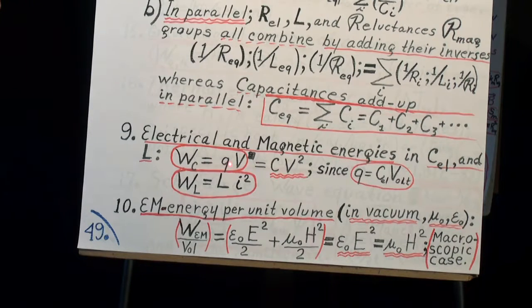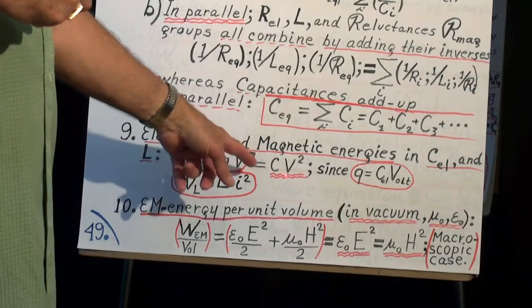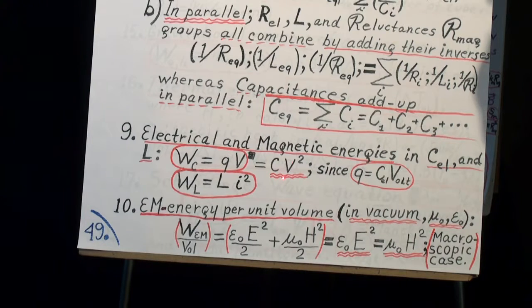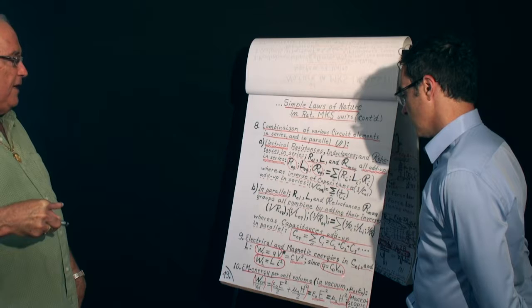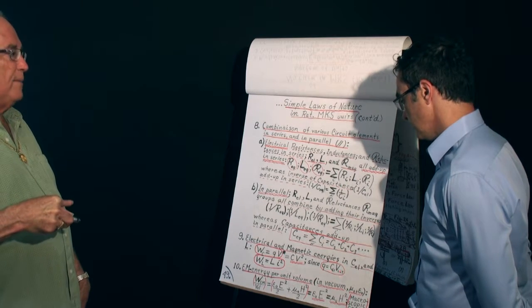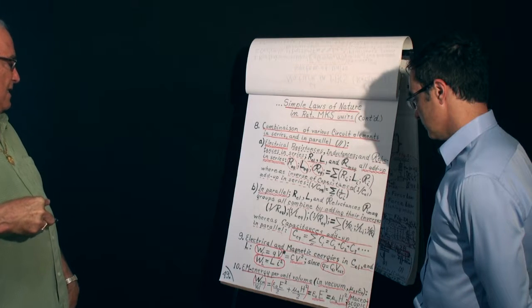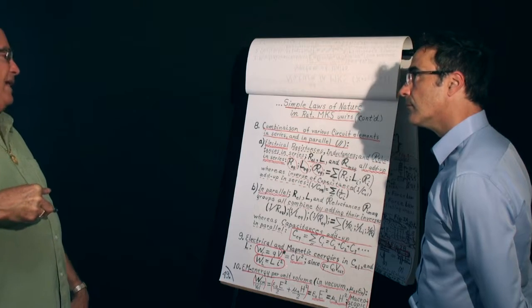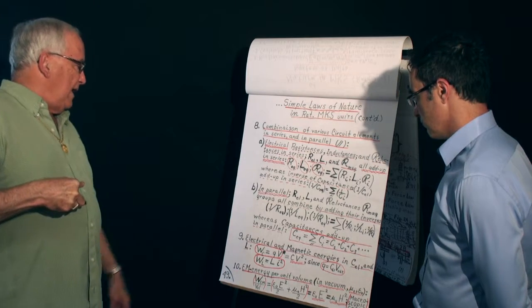If you have an electron raised to 1 volt, it's 1 electron volt of energy. And in a capacitor, it's the capacitance multiplied by the square of the voltage, because Q is CV. So QV means CV squared because of this. And similarly, the energy in an inductor is the inductance times the electrical current squared.